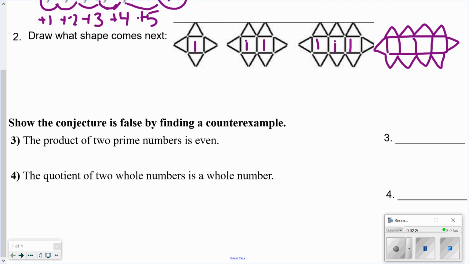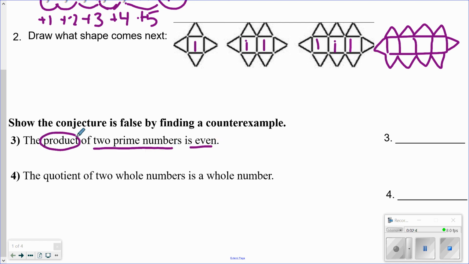All right, next, show the conjecture is false by finding a counterexample. Remember, you only need to find one counterexample to prove a conjecture is false. So for number 3, the product of 2 prime numbers is even. The product means multiply.